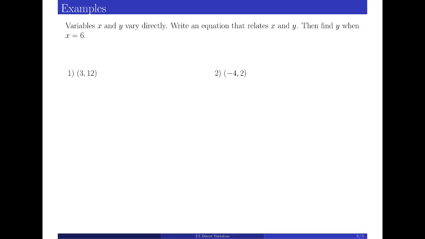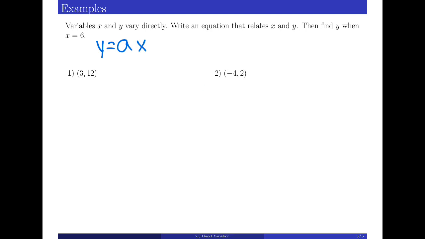So here are the examples that you'll see with this concept. They're very simple, but I think some people make them a little bit more complicated or skip over one little piece that I want to see every time. The directions are going to say that the two variables x and y vary directly. Well, that just means that they follow the form y equals ax.